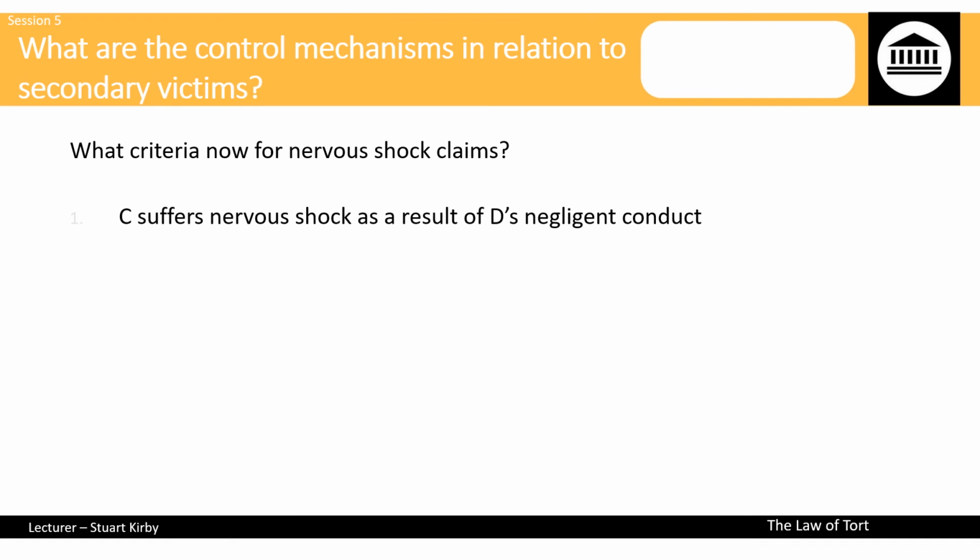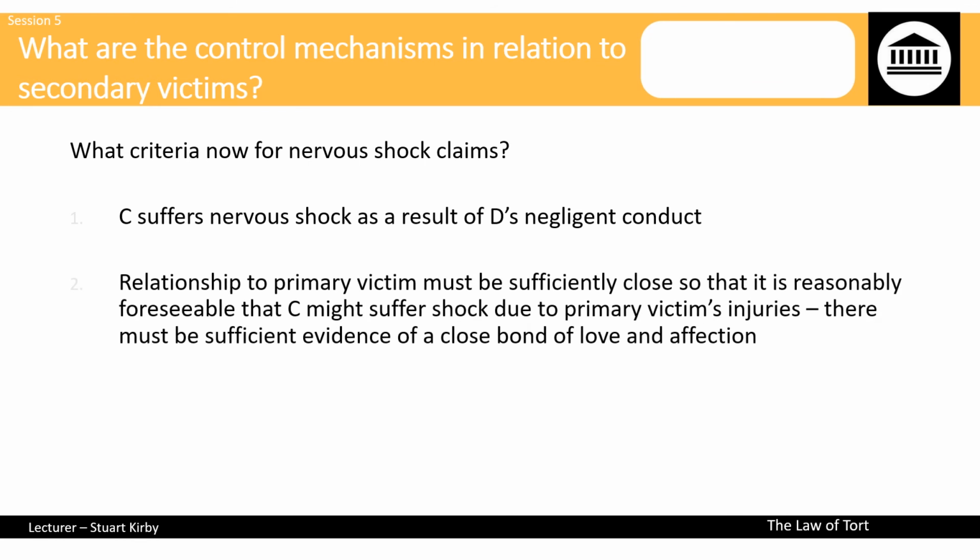So just to summarise again, what criteria now for a nervous shock claim? The claimant suffers nervous shock as a result of the negligent conduct. So if you now apply this to Jake and Jenny, Jenny being the parent, she was on site, she was from a distance, and she saw the aftermath and the incident happen to her daughter.